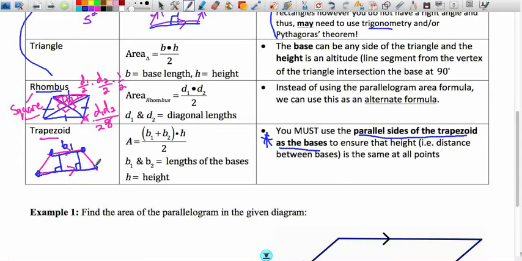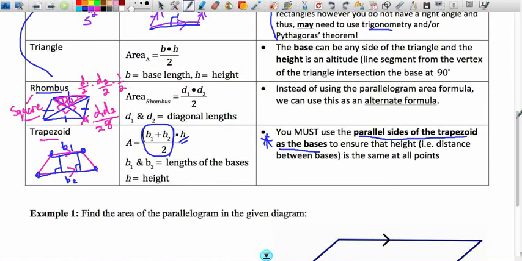Essentially what we're doing is adding the lengths of those two bases and dividing them by 2, because we are finding the average base length, and then we are multiplying by height. And so it's a small variation on the formula from base times height for a parallelogram to base 1 plus base 2 over 2, the average base length, times height in the case of a trapezoid.